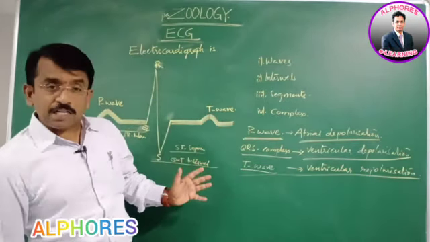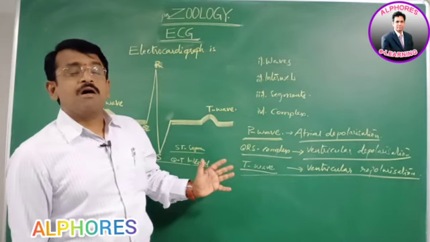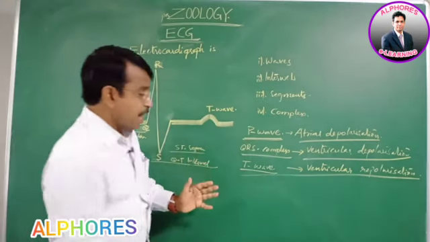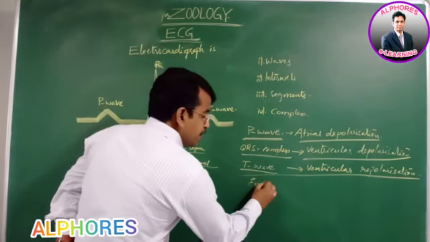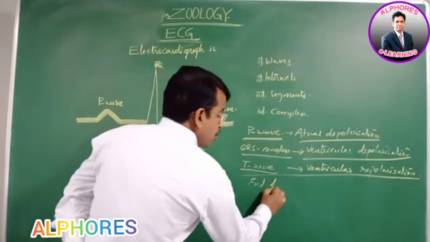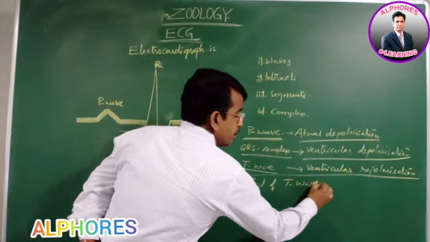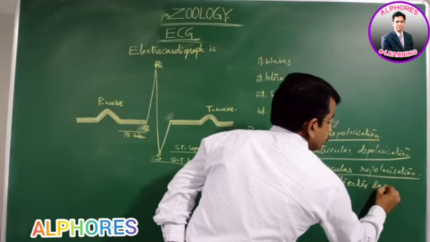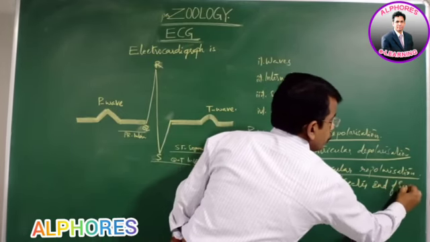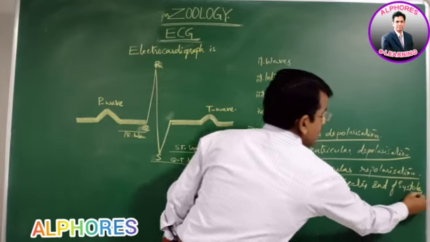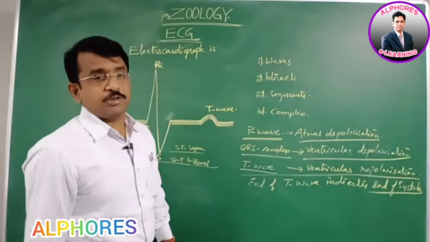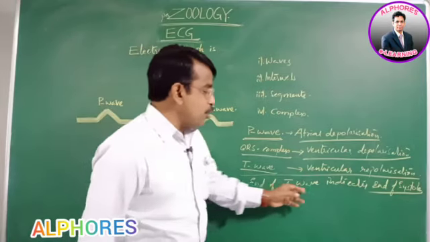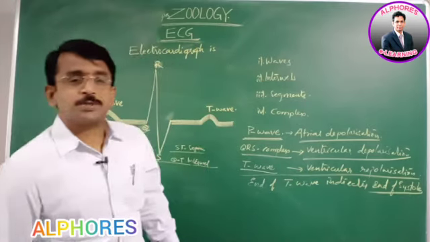Which means the end of the T wave indicates the end of systole. Very, very important, and you have a chance of confusion regarding this statement. End of T wave indicates end of systole.